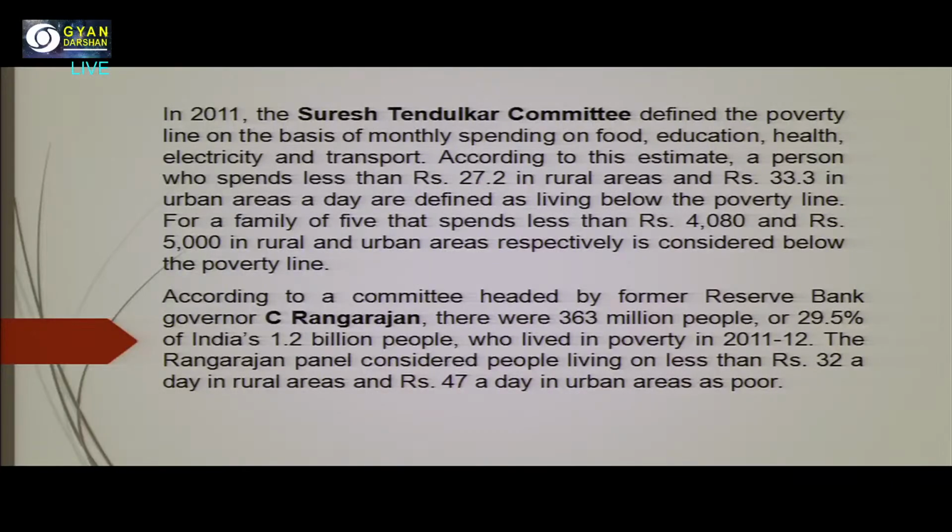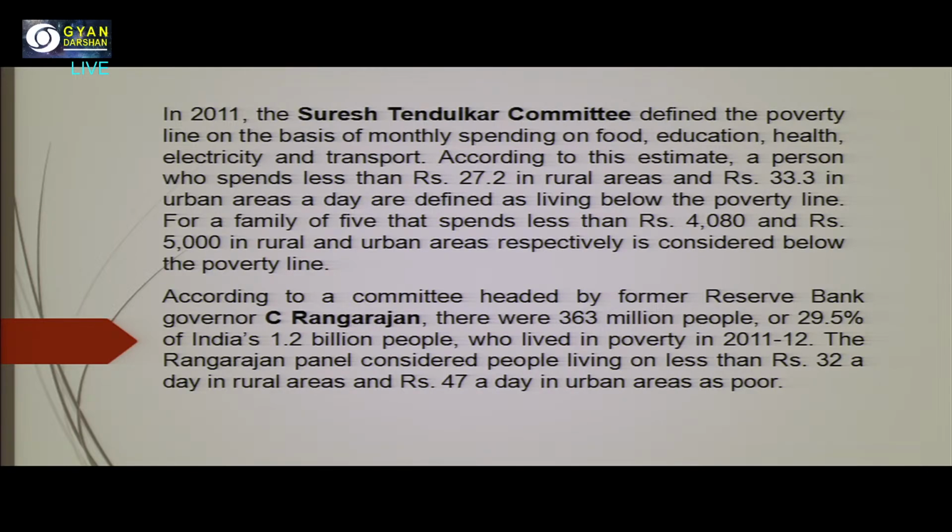Now, in 2011, the Suresh Tendulkar Committee used monthly expense on food, education, health, electricity, and transport to define poverty line. According to this, a person who spends less than 27.2 rupees in rural areas and less than 33.3 rupees in urban areas per day is defined as poor.